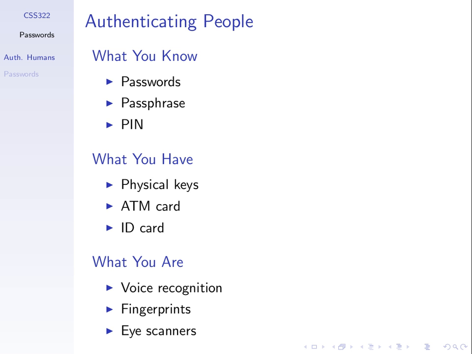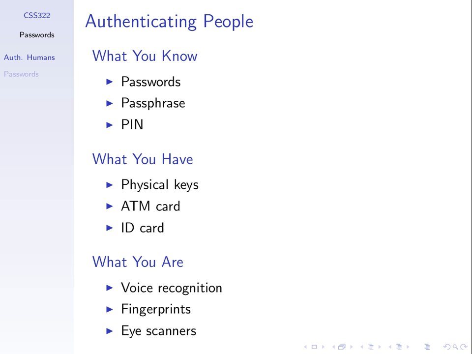When I plug it into the computer system, the system checks that key and authenticates me. So that's based on what I have. Physical keys, an ATM card, ID cards, and other forms of authenticating based on what you have. Of course, if someone else gets a hold of one of these items, then they can also access the system. If someone gets my keys, they can get into my office.